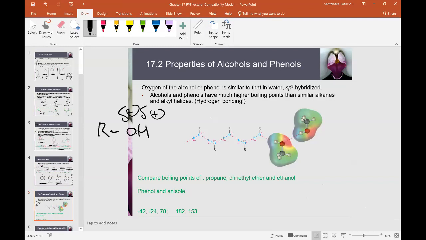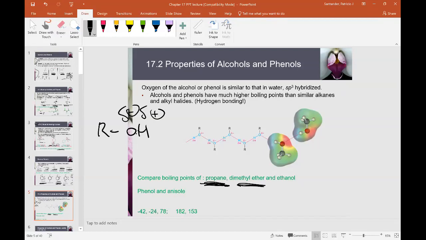That will explain why alcohols and phenols, which can form hydrogen bonding, have boiling points substantially higher than other molecules like hydrocarbons or ethers of a similar molecular weight.